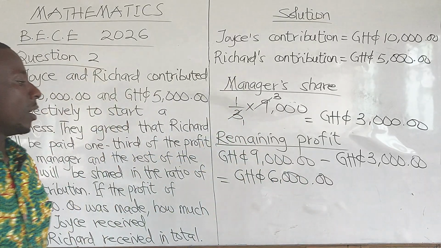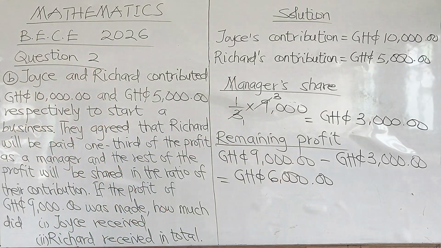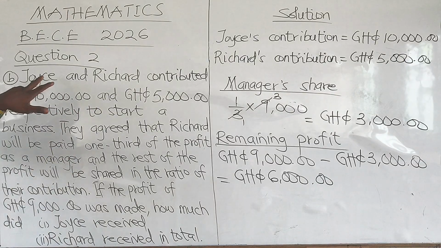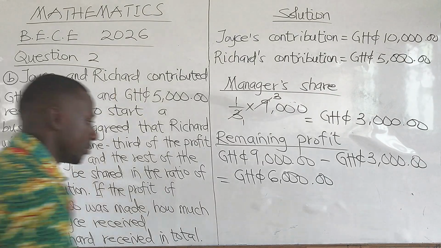All right. Now this profit here is now going to be shared in the ratio of their contribution. So we are going to share among Joyce and Richard.